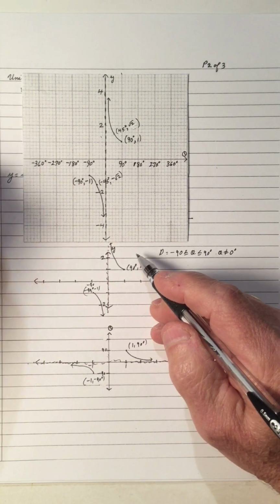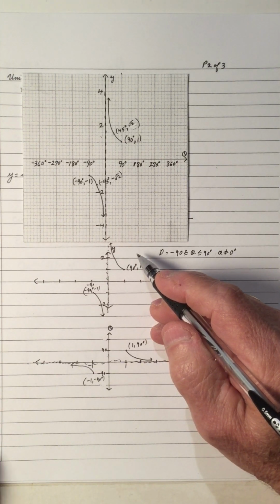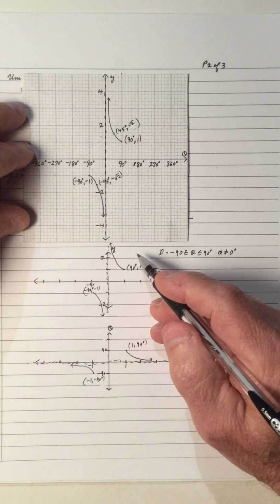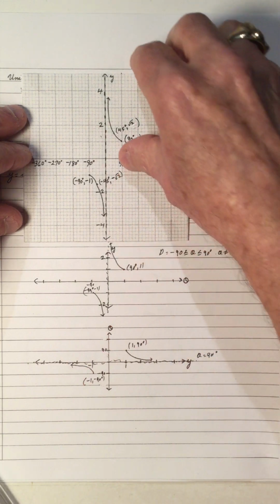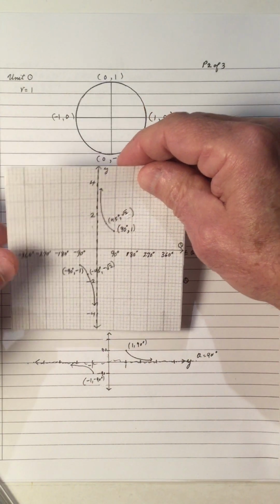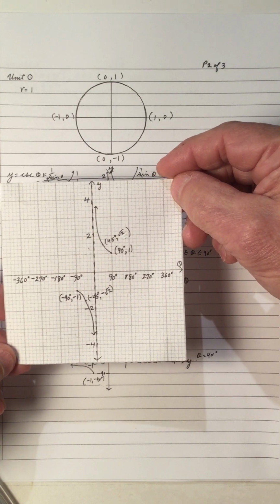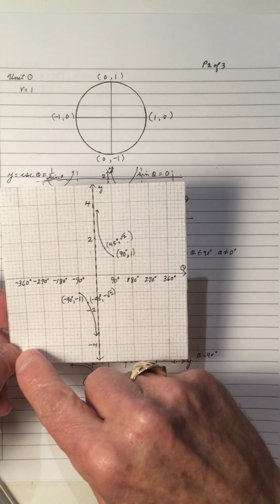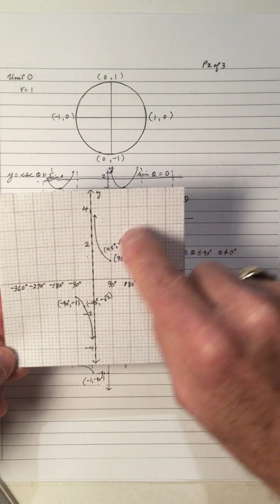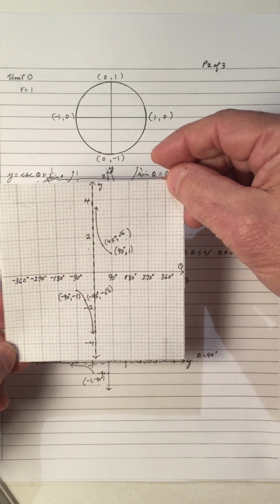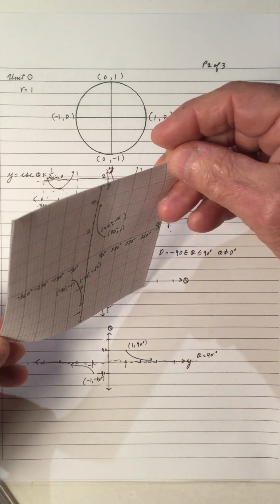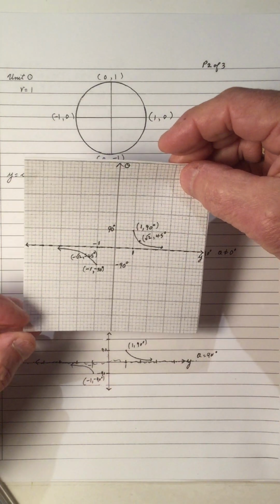Now I'm going to do the little something that I've learned. I'm going to flip it in this axis, y equals x, right up through the middle here. So I'm going to flip. There it is, and there's its inverse.